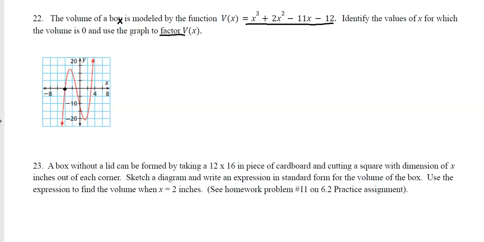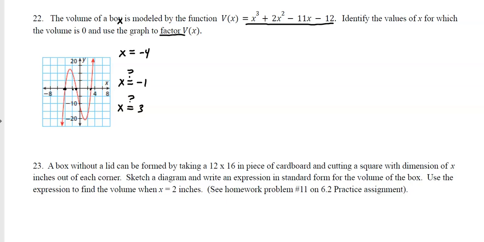Well, for sure it looks like we have a 0 at x equals negative, let me see, it goes by 2s, 2, 4. Then it kind of looks like we have one right here at negative 1. I'm not quite as confident about that one because it kind of just crosses somewhere. And then it looks like we have a 3. I'm guessing.